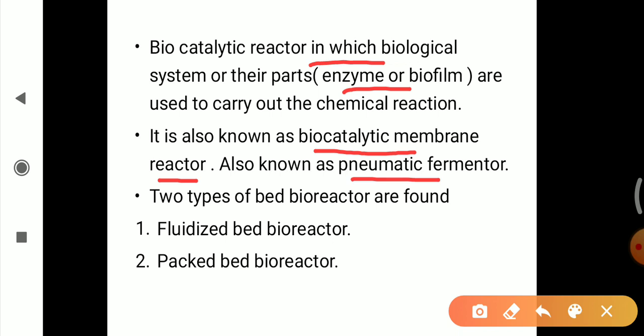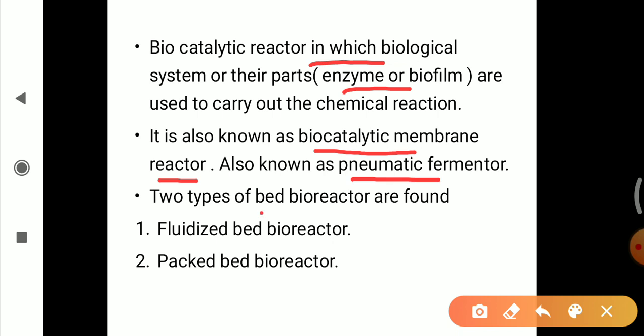Here, enzymes or whole cells are used for industrial processes as a biocatalyst. The vessel, that is a fermenter, contains attached biofilm or enzyme for the conversion of substrate into product.